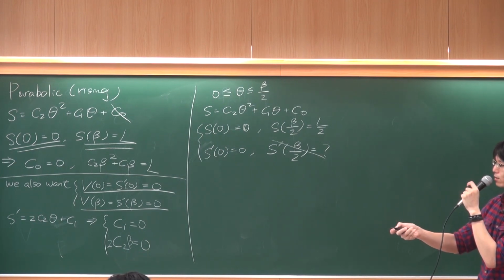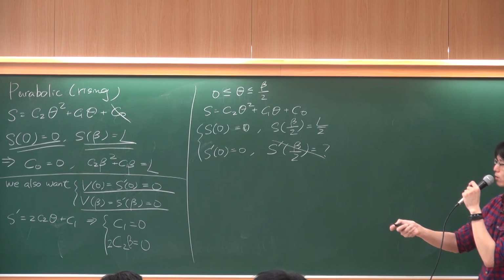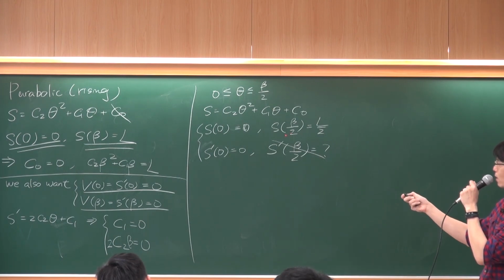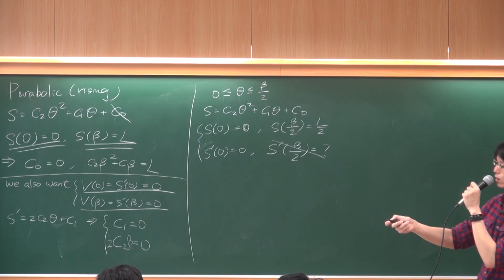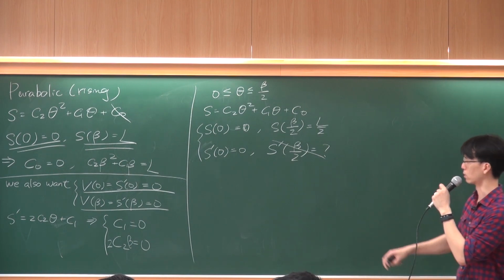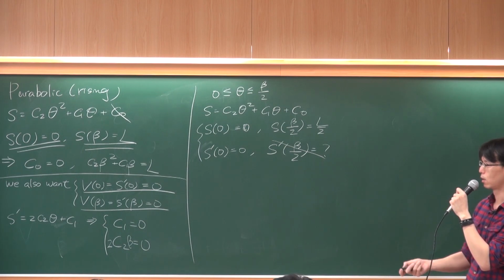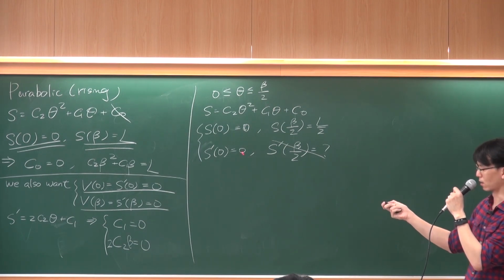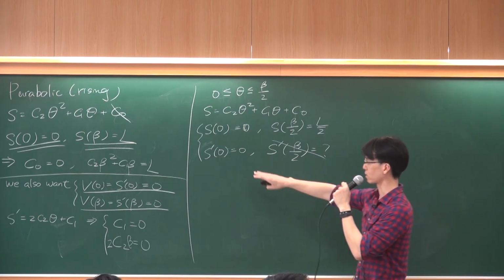Because it's rising, we're taking a look at the first section. It's still starting from 0, and that's the first condition. For the second condition, we need to make sure the curve rises to L over 2 at this point, at beta over 2, theta equals beta over 2. You need to satisfy this to meet the requirement for displacement. We also need to satisfy this, that the velocity at this point is 0.